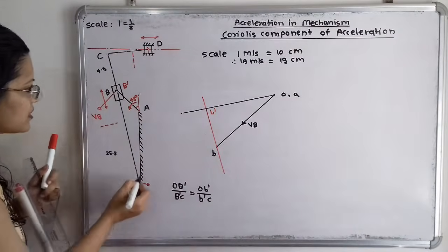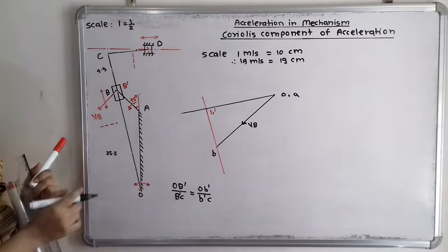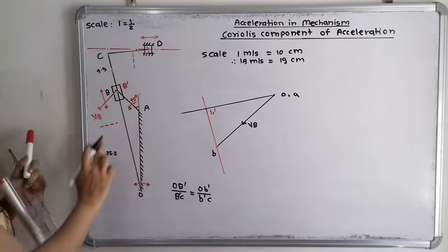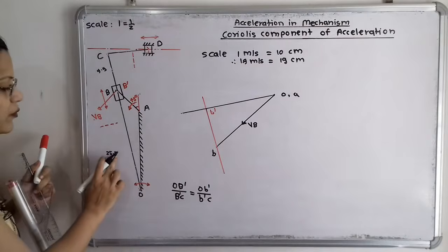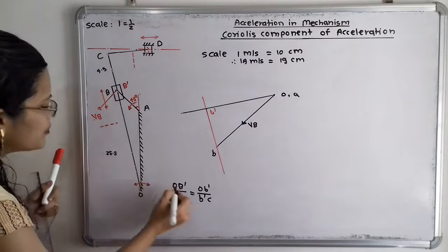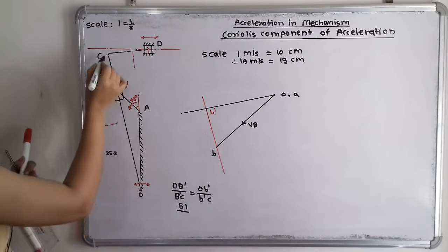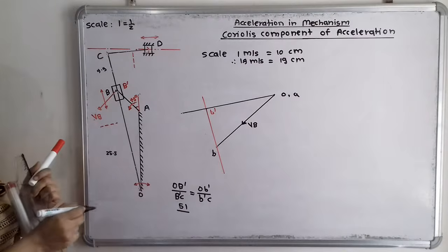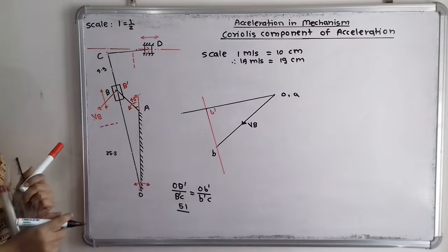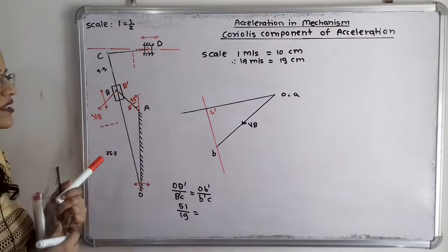If we measure this distance O to B dash, it is 25.5. As per scale 1:2, we multiply 25.5 by 2, so O to B dash is 51, divided by B dash C. This distance is 9.5, so 9.5 multiplied by 2 is equal to 19.